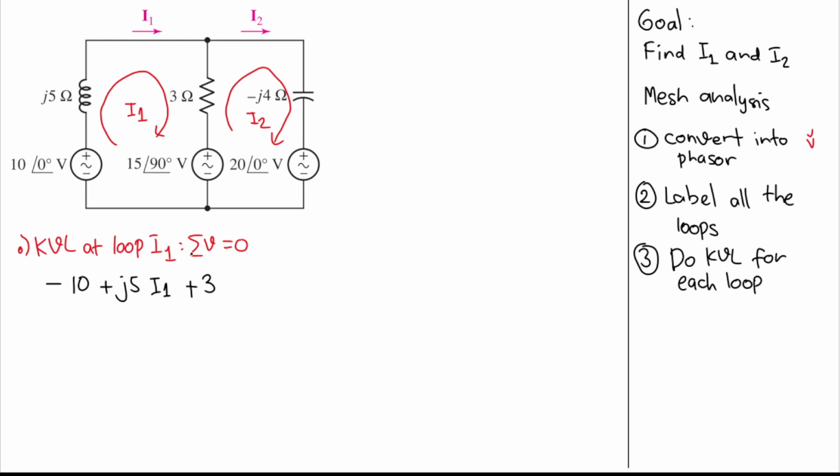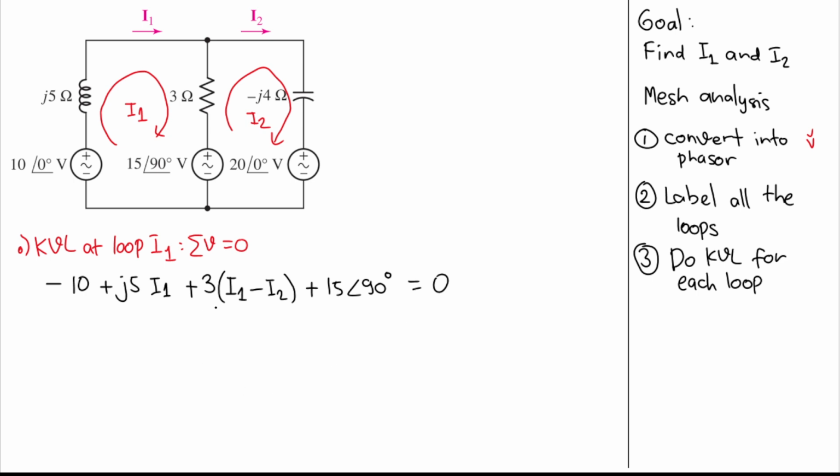Since we are working on I1, I will write I1 first, but then I2 is flowing in the opposite direction, so I will have minus I2. And then the final component for this loop is this voltage source, with the current flowing from the positive terminal to the negative terminal, so I will have a positive sign, and the value is 15 angle 90 degrees. And all of that will equal 0.